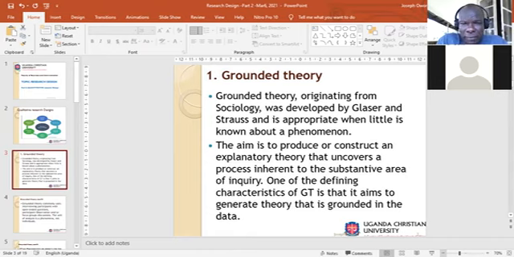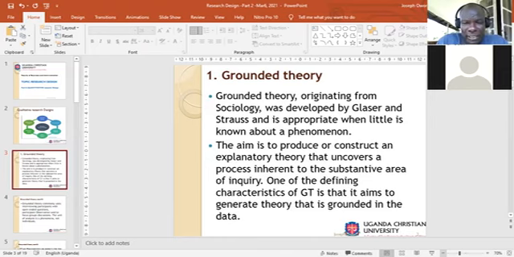So the aim of this is to produce and construct an explanatory theory that uncovers a process that is inherent to the substantive area of inquiry. And one of the defining characteristics of grounded theory is that it aims to generate theory that is grounded in the data.